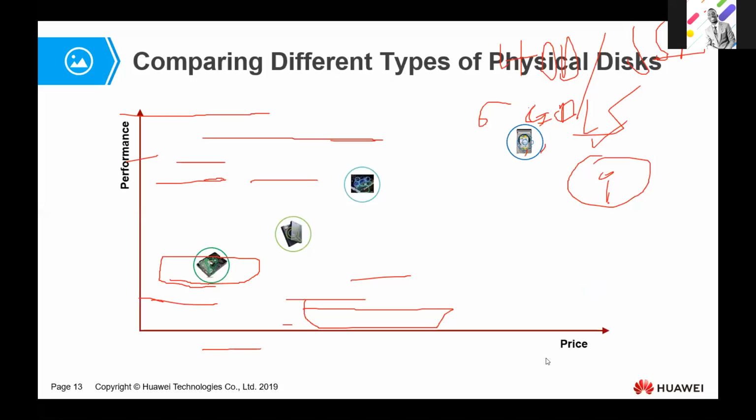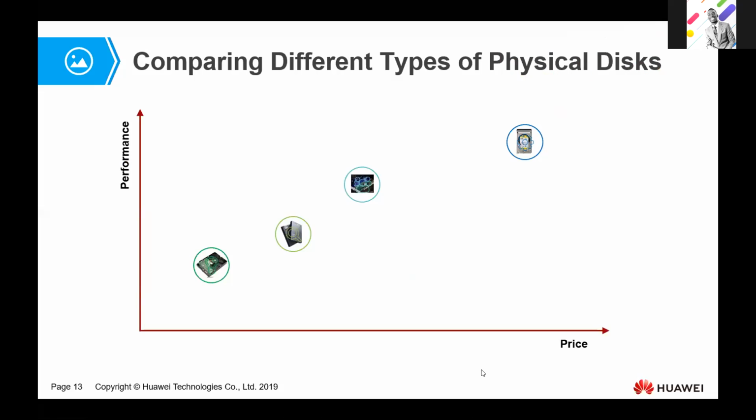That is an SSD. So let us try to compare them in terms of performance and price. This is our HDD, this is our SSD, and we are seeing it has better performance compared to our HDD.